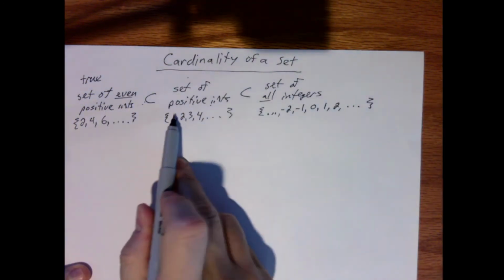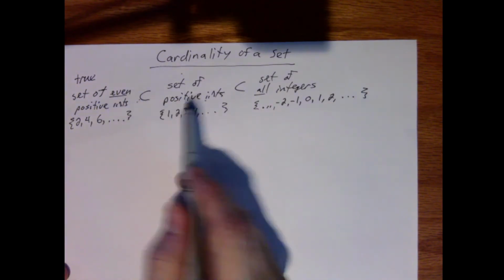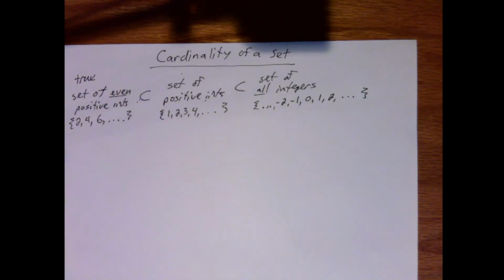This is a subset of this. This is a subset of this, which means this is also a subset of this. And you're probably looking at it thinking, wow, this then must be smaller than this, which is smaller than this. But in terms of cardinality, that's not necessarily the case.